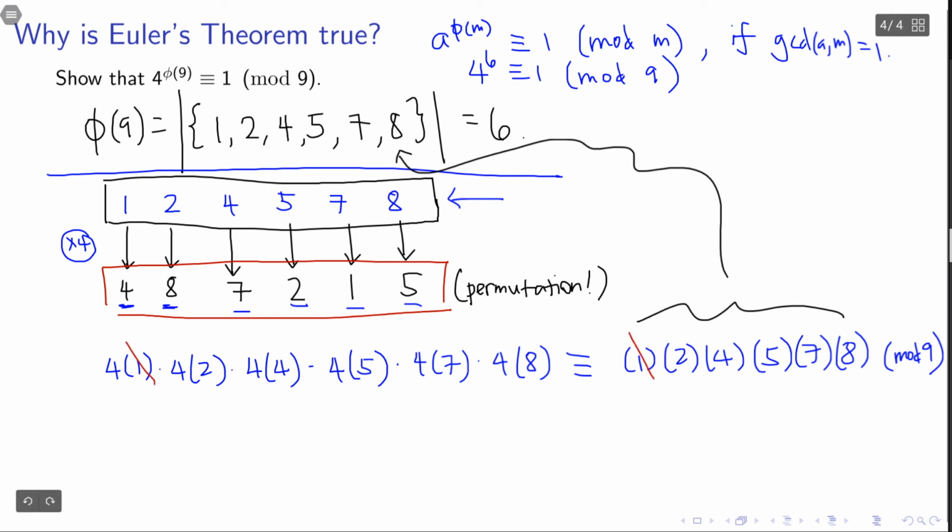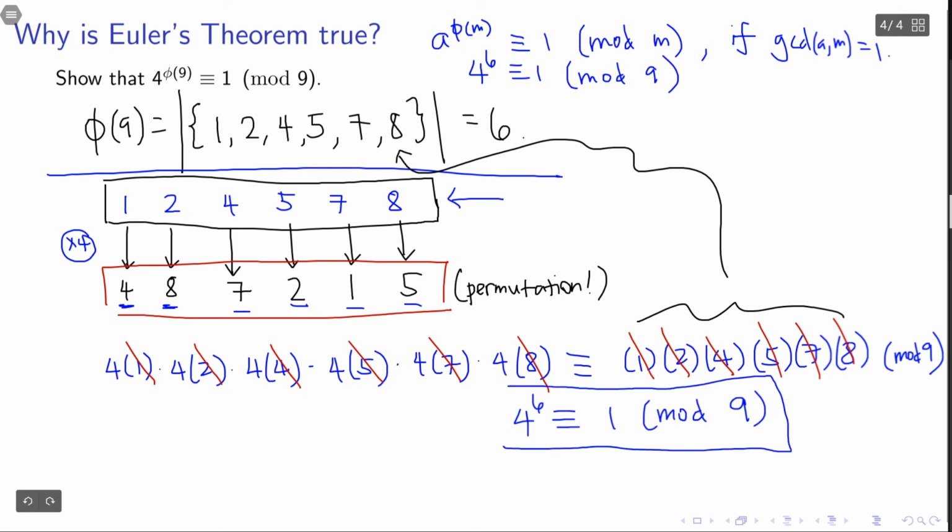We don't have to, but let's just do it. Cancel the 2. Cancel this 4. Cancel the 5, the 7, and the 8. And look what we have left. 4 to the 6th power. It's now congruent to 1 modulo 9. Which is what Euler's theorem tells us.